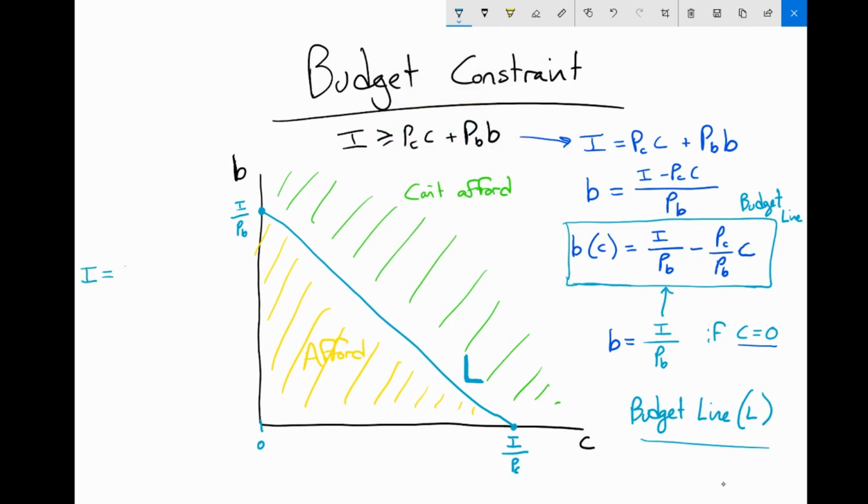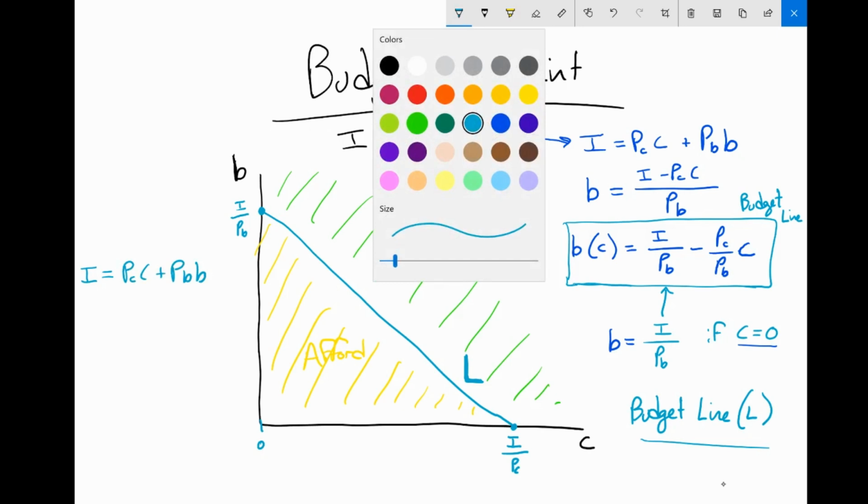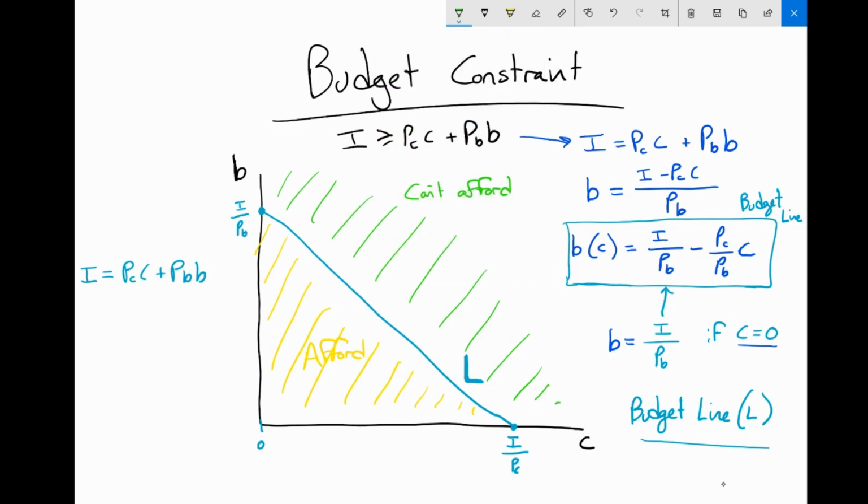At the budget line, I equals P_C times C plus P_B times B. Above the budget line, income is less than what they spend, which means they can't buy it.